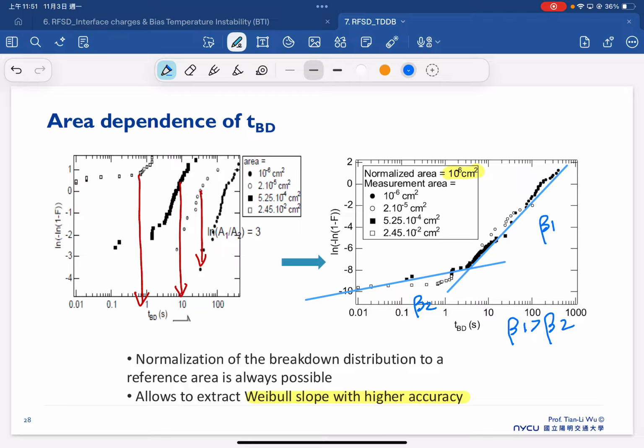So this is one example that by looking at the different beta slopes, we can start to think about the possible physical mechanism behind, because different beta slopes definitely suggest that there's something different.